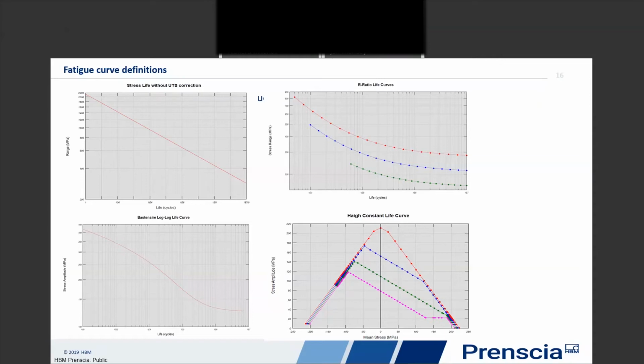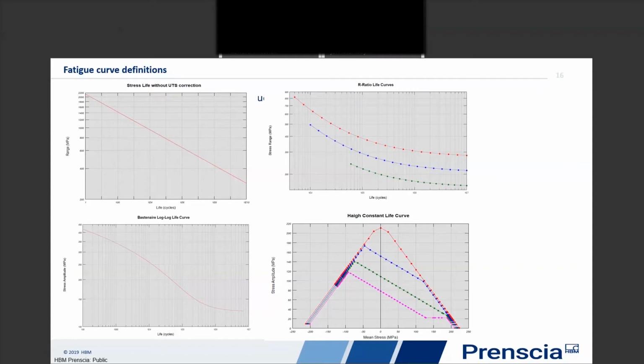The vertical axis is the stress amplitude, or the size of the cycle. And each one of those curves represents a constant life, meaning if I followed the red curve, it's describing the stress state that would be for 10 million cycles. The blue curve for 100,000 cycles. And so these are called Haigh diagrams or constant life diagrams.